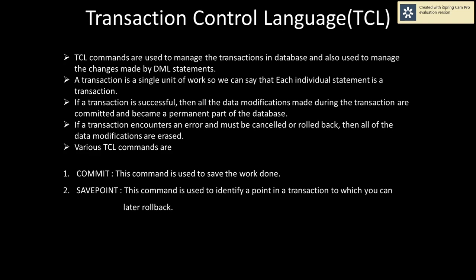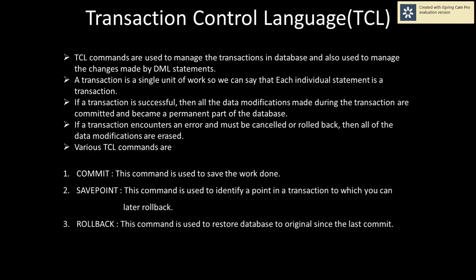After completion of the fifth transaction, if you want to roll back to the third transaction, then we can roll back. If we do not use a savepoint, then we cannot roll back to the previous transaction. So we use savepoint to roll back to a particular transaction.